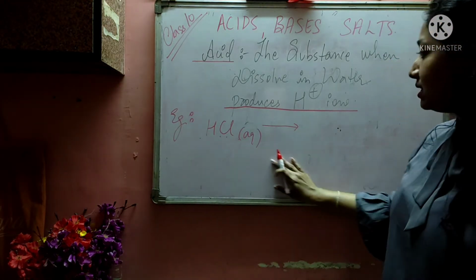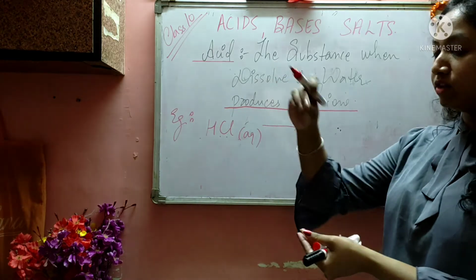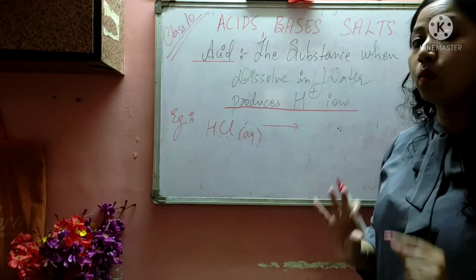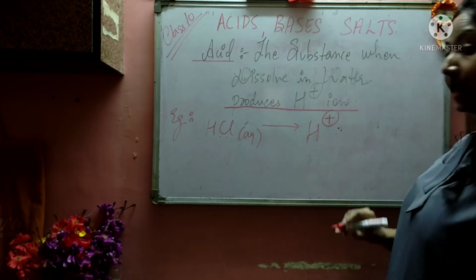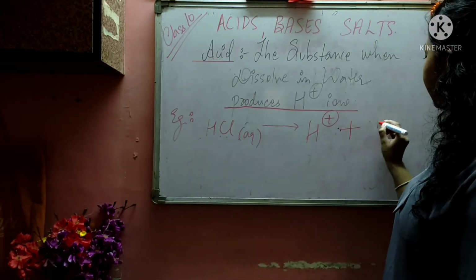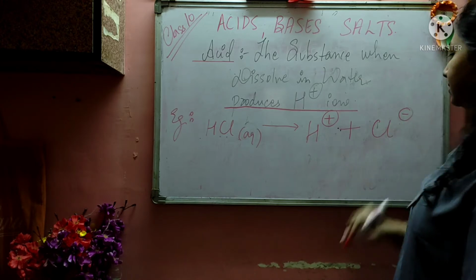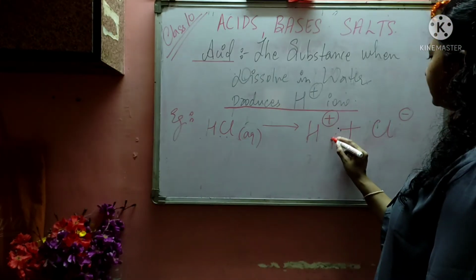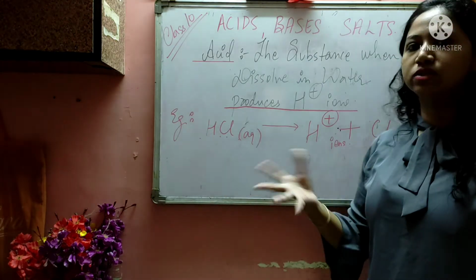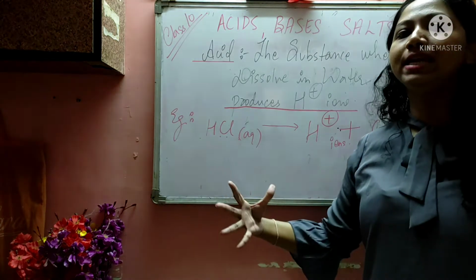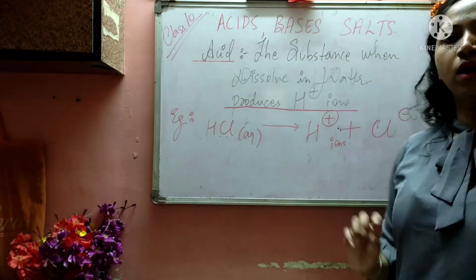Now what happens whenever you take HCl, hydrochloric acid, and dissolve it in water? It will dissociate into H plus ions, just like I said, and Cl minus ions. These are ions, and this is a molecule. When you dissolve it in water, it will dissociate into ions.